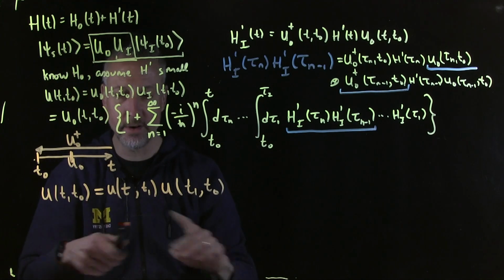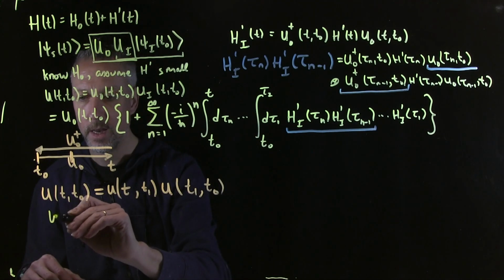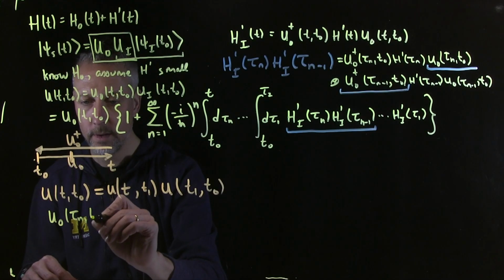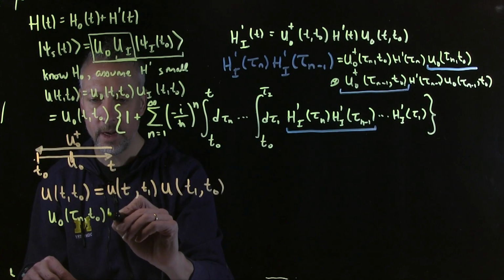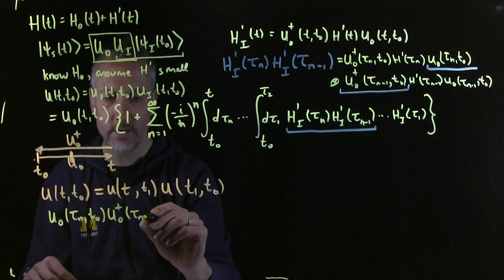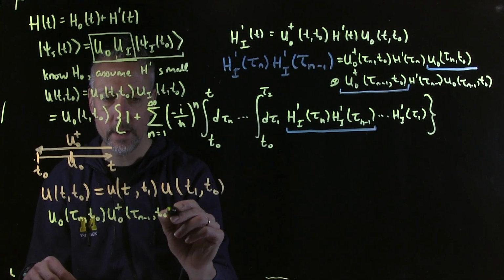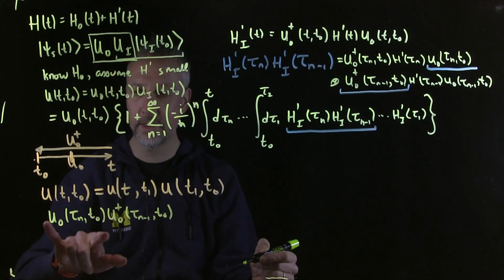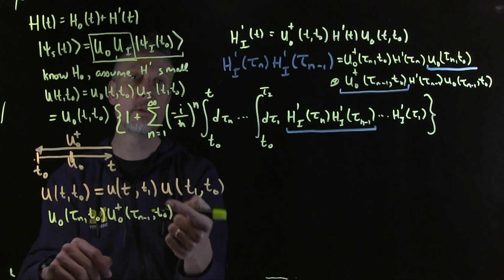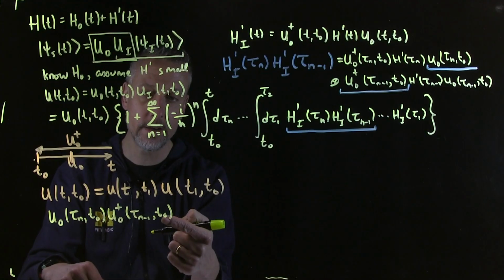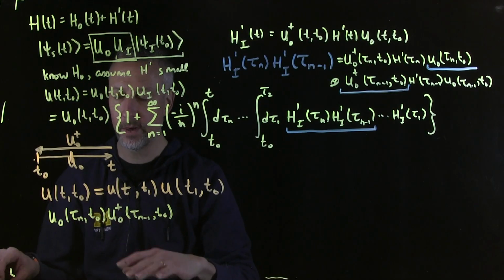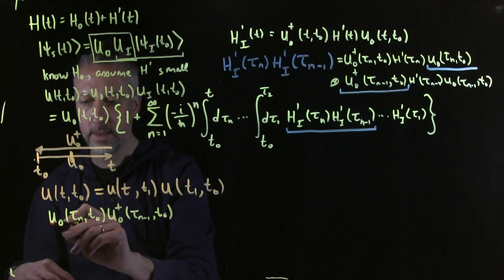So here's what we're going to do for our combination operator. The combination operator that we have, that's the product of these operators, is u naught tau n t naught times u naught dagger tau n minus 1 t naught. We're going to take this one, which goes all the way to tau n. This one only goes back from tau n to t naught. We're just going to break this one into 2 pieces, right?